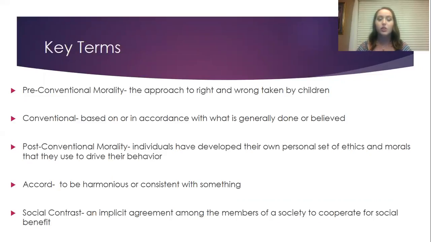Post-conventional morality is when individuals have developed their own personal set of ethics and morals, and they want to use that to drive their behavior. Accord is a word you need to know, which is to be harmonious or consistent with something. You also want to know what social contract is, which is an implicit agreement among the members of a society to cooperate for social benefit.